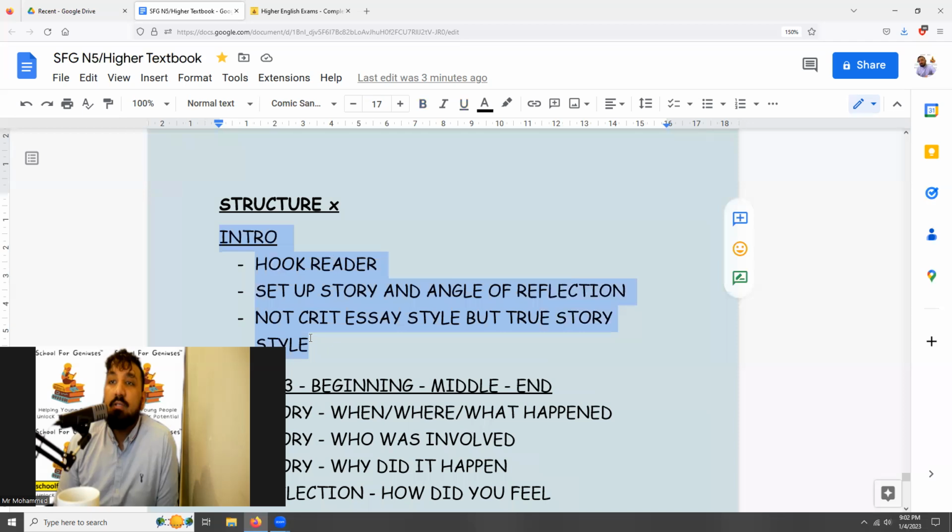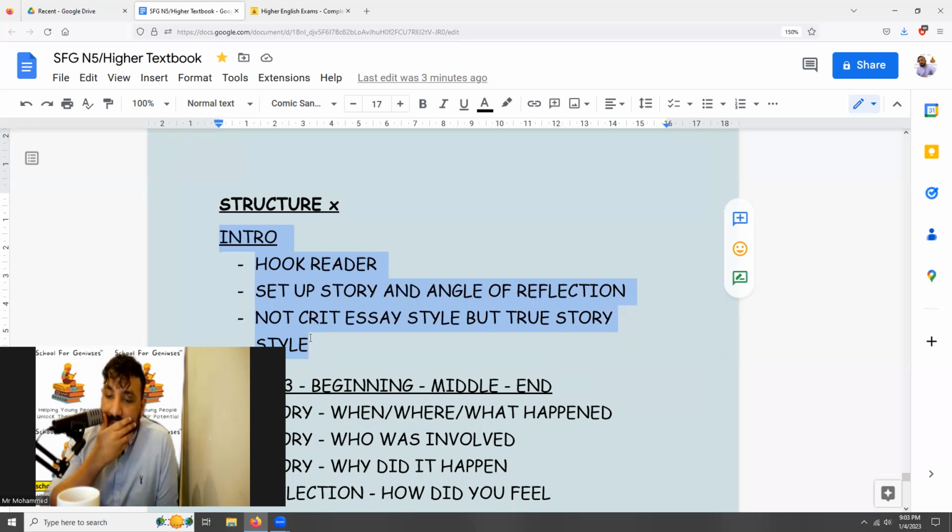Now, your introduction needs to do three basic things, okay? The first thing is it needs to hook the reader. So it needs to contain either a statement, or a moment, a description of something that really hooks the reader and makes them want to read more.